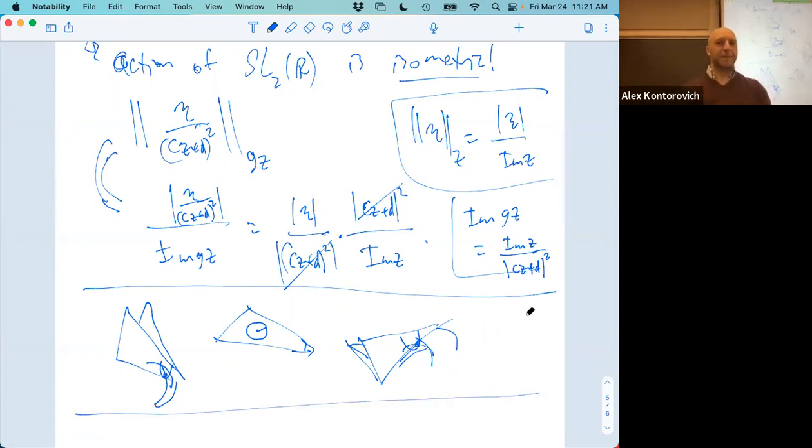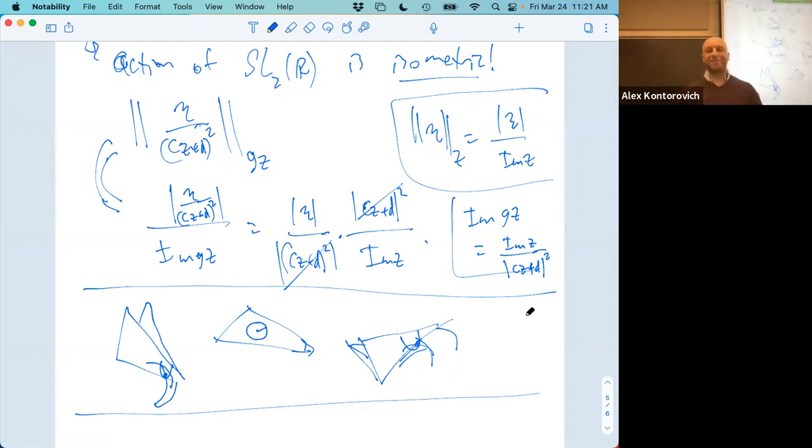I guess my question was, why do we care that the upper half plane, in number theory, has constant curvature -1?